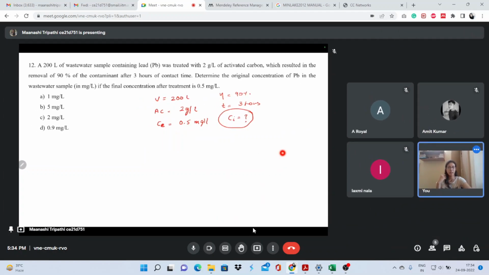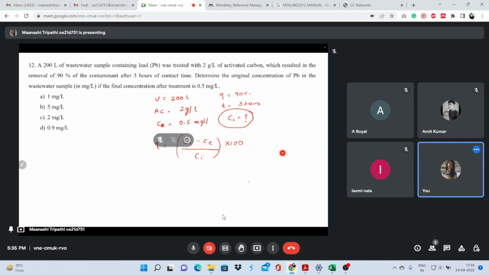What is efficiency? Ci minus Ce divided by Ci into 100. I hope you can do this question now. Try to solve this and give me the answer.